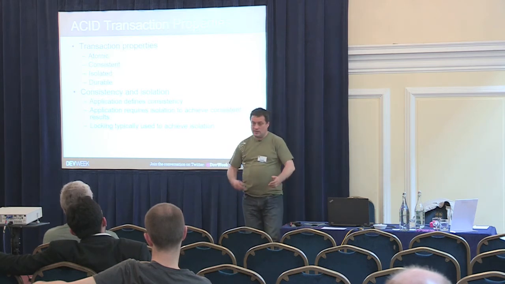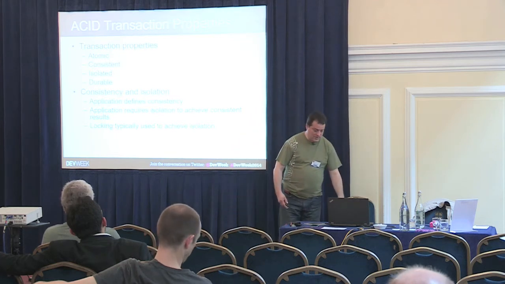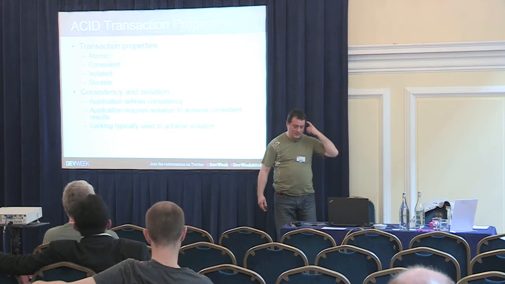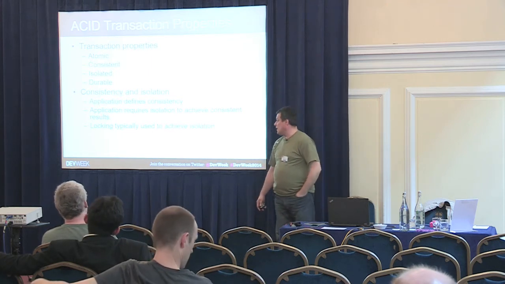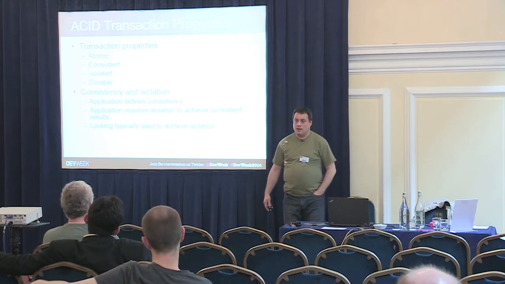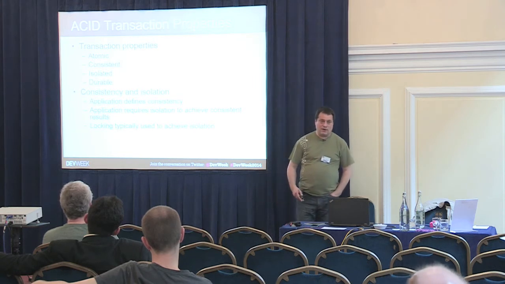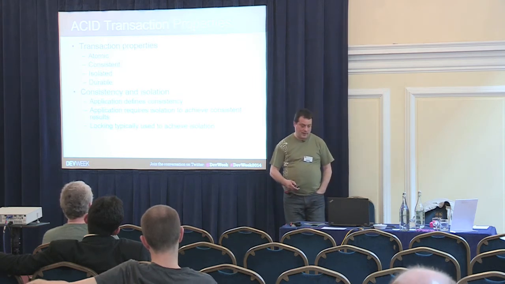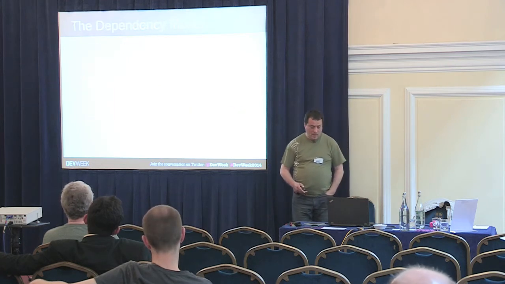If not, then you have to define the level of consistency you need for your business problem. And the application requires an appropriate isolation level to achieve this consistency. For isolation, we typically use locking. Though we'll see, we also can have copies of data to isolate updates from queries.